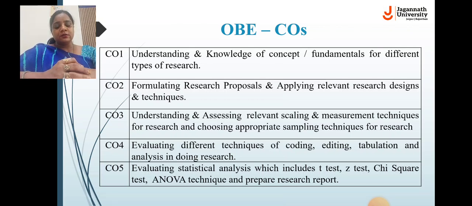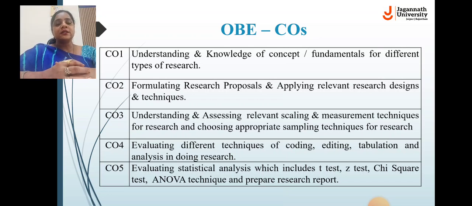If you are going to make a research proposal in front of any agency, what kind of research proposal can you make and what kind of things should be included in it? The student would be able to understand that. Third, understanding and assessing relevant scaling and measurement techniques for research and choosing appropriate sampling techniques for research.